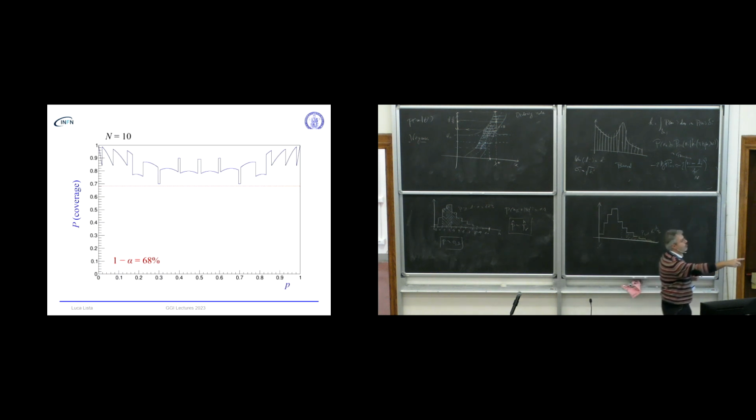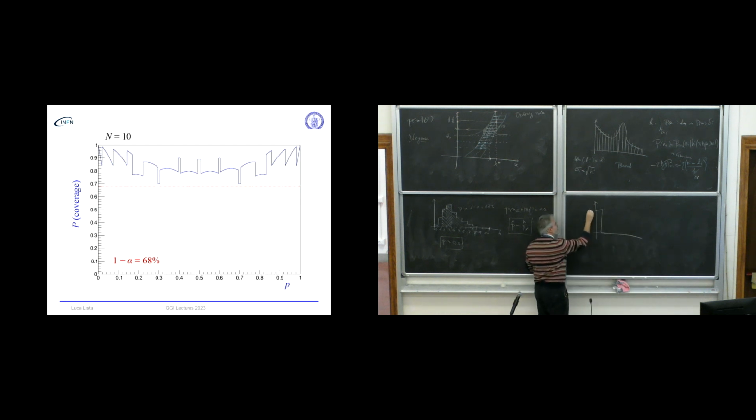So if I move p from 0 to 1, I would like to have 68%, but if I have n equal to 10, I have this very funny ripple structure. In particular, if p is equal to 0, and this is something very unpleasant, but it is the case, the only possible histogram is 0 with 100% probability, and with 0 probability I have the rest of the values.